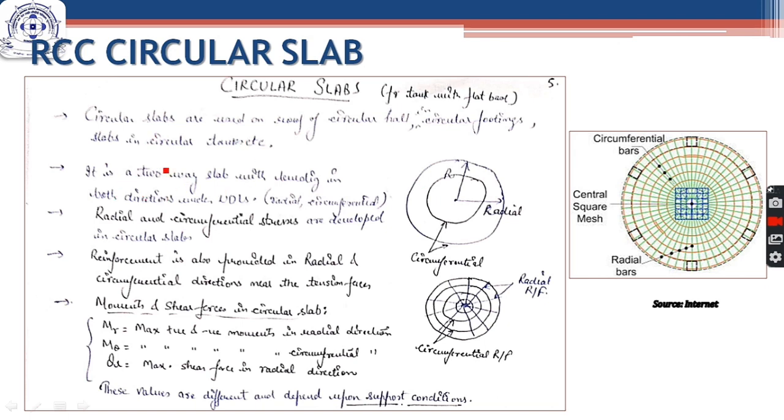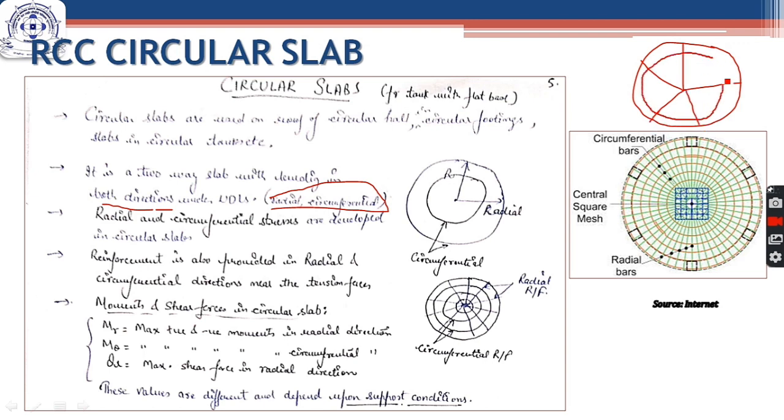It is assumed to be a two-way slab with bending in both directions, and note here that directions in a circular tank are not the longer and shorter because the circle has no particular side. So the two directions here are radial and circumferential. So if we have a circle here, then the radial direction is this, along the radius of the circle, and circumferential direction is this.